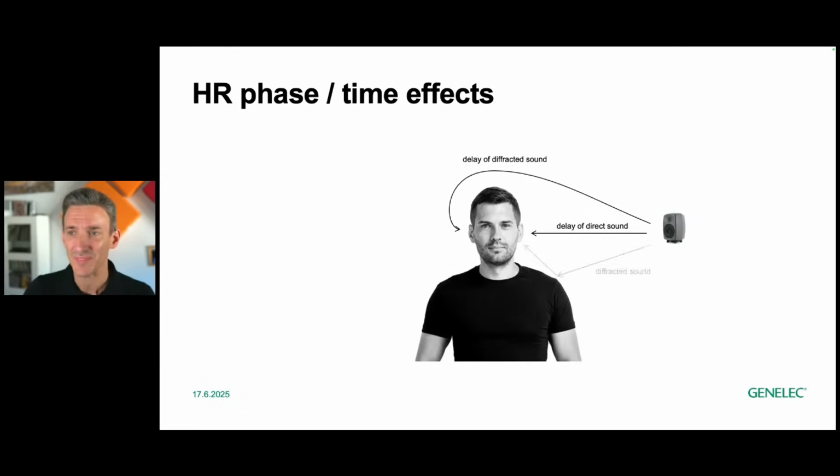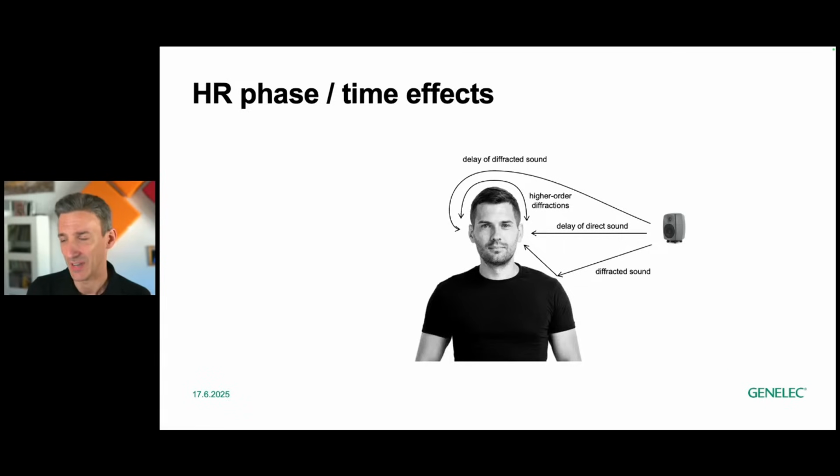The second thing looks absolutely similar, but now it's about time effects. When I spoke about the left ear getting a louder sound, this time it gets the sound a little earlier, because the sound needs some time to travel around the head. So the right ear will have a slightly delayed representation of that.